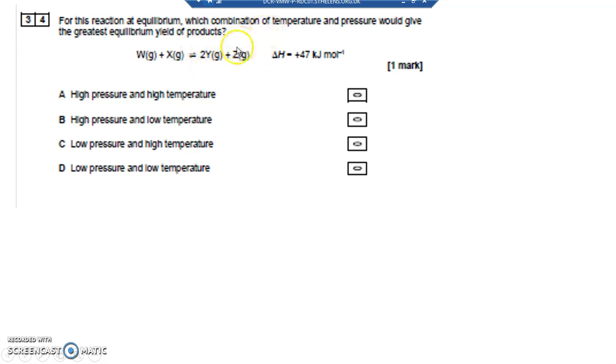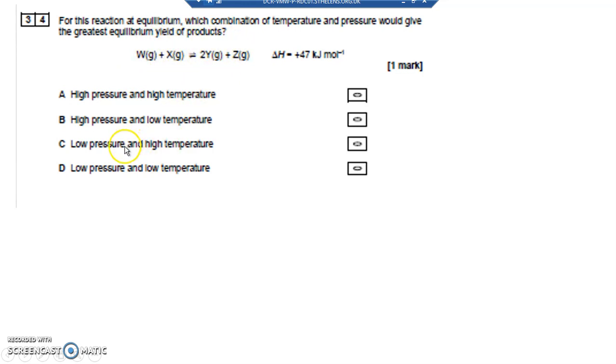I will try and compress these gases by increasing the pressure, and I will squeeze 3 moles down into 2 to try and lower the pressure. So if I increase the pressure, 3 moles of gas will be turned into 2 moles of gas to lower the volume and reduce the pressure.